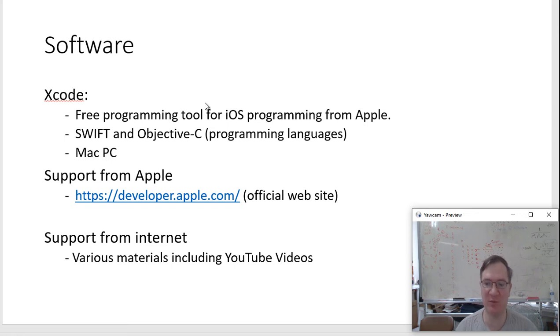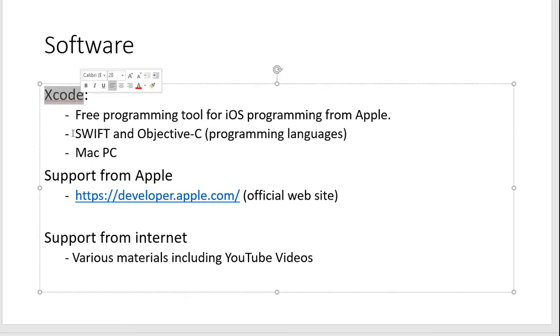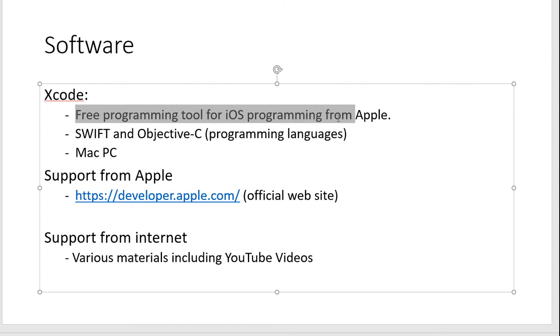If you had experience programming using Visual Studio, you may know that Visual Studio is the universal tool which can support everything except programming for Apple devices. For Apple devices, we have a separate tool that's called Xcode. Xcode is the free programming tool for iOS programming from Apple.